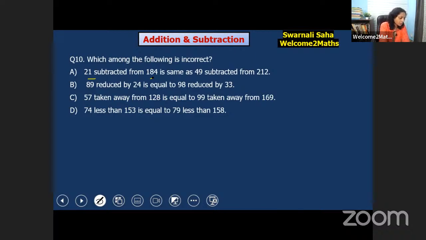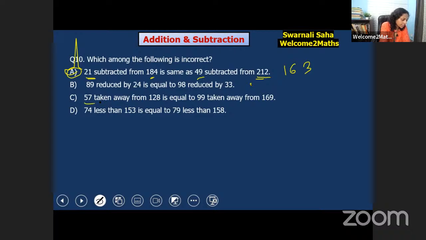Whenever we subtract 21 from 184 and 49 from 212, what we'll get? It's 163. Both, that means it is right. It is not wrong. So now 81 reduced by 24 equal to 98 reduced by 33. Yes, it is also right.